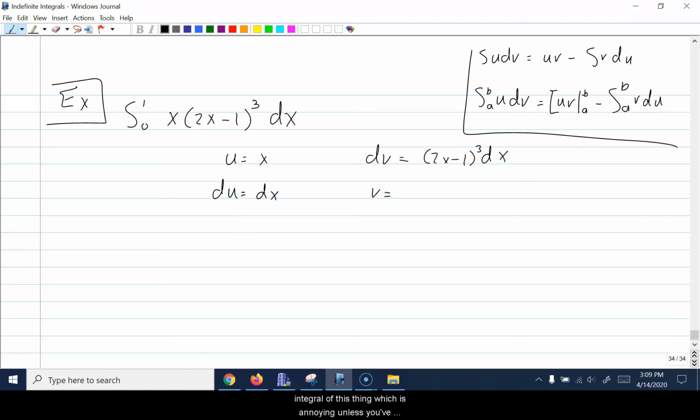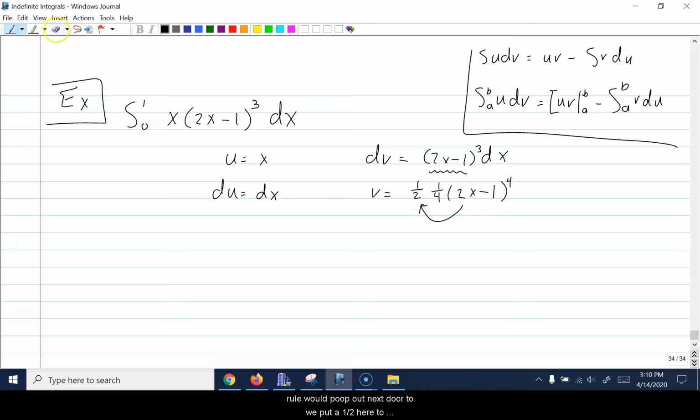v will be the integral of this thing, which is annoying unless you've gotten pretty good at that substitution trick. This is a baby substitution. 2x minus 1 I can read as being just x. This is something cubed. The integral of something cubed is 1/4 something to the 4th. But if I took the derivative of this with the chain rule, it would poop out an extra 2.